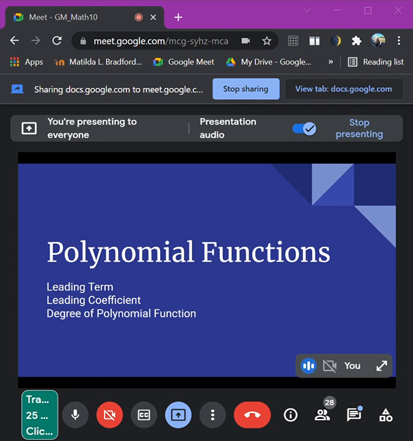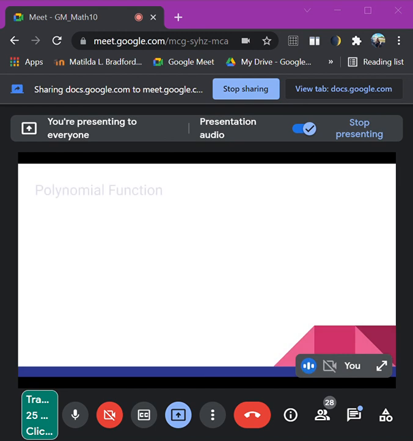If you have mastered polynomial equations before, then getting these leading terms, coefficients, and degrees will be very easy for you, because they are the same. Now, we have our polynomial function.